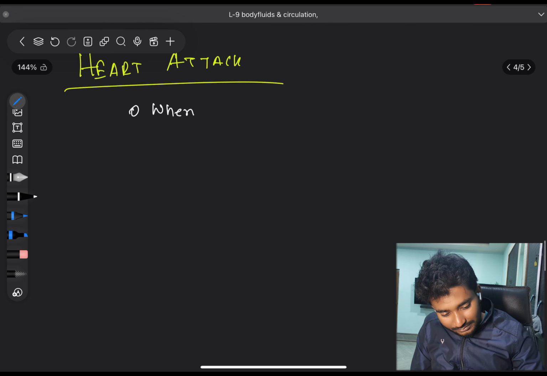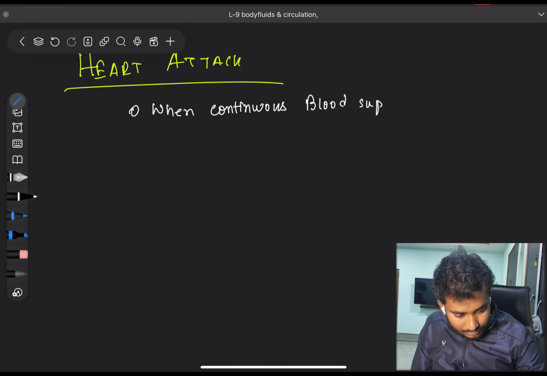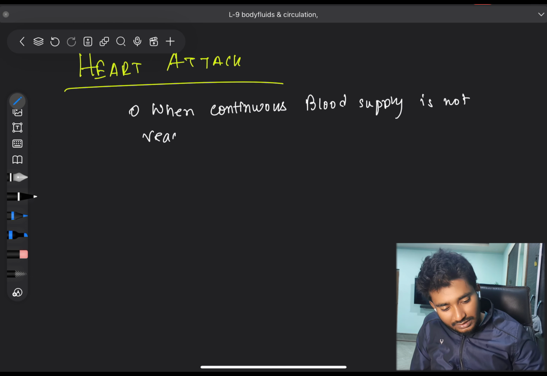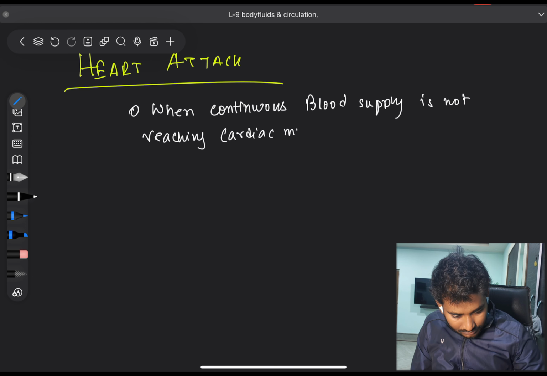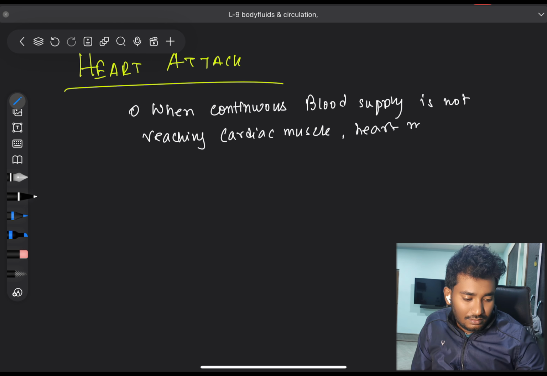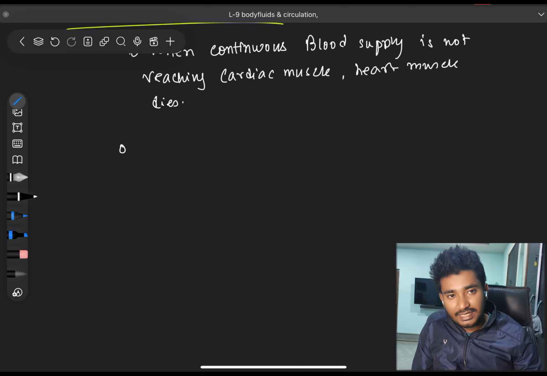When continuous blood supply is not reaching the cardiac muscle, the heart muscle dies. Okay, so what happens? The heart muscle dies. That is called a heart attack.